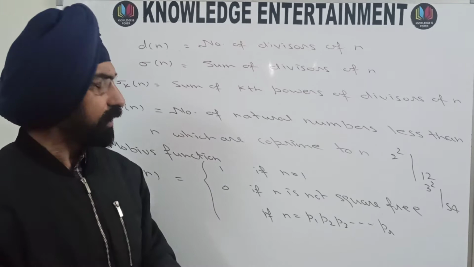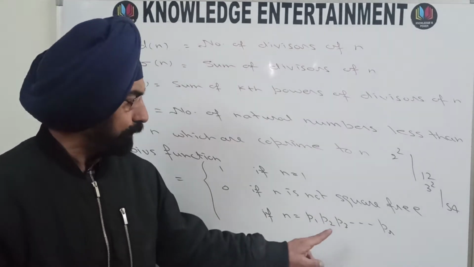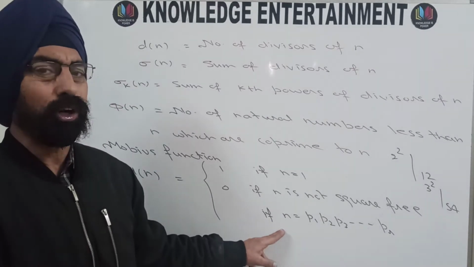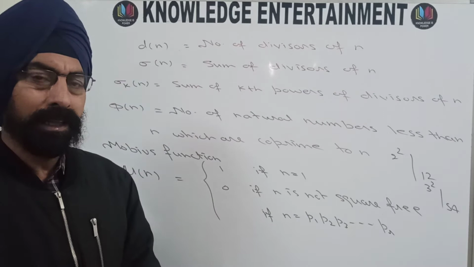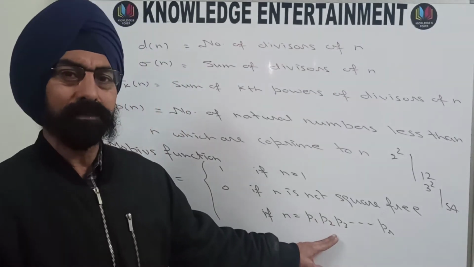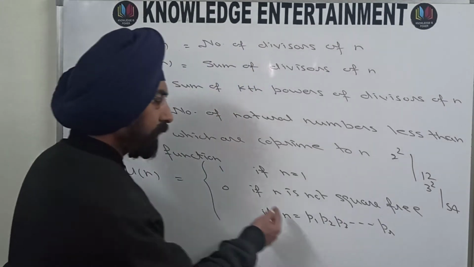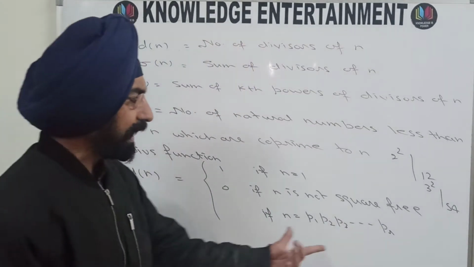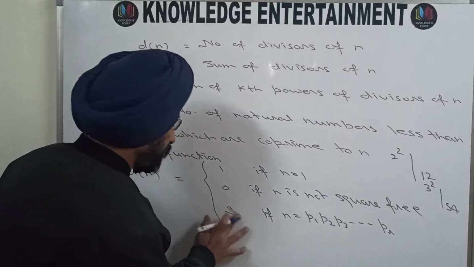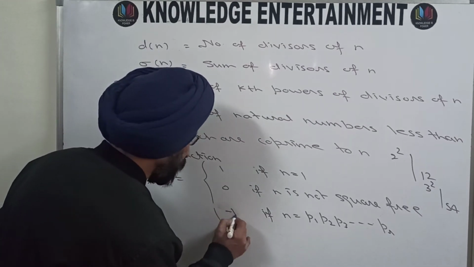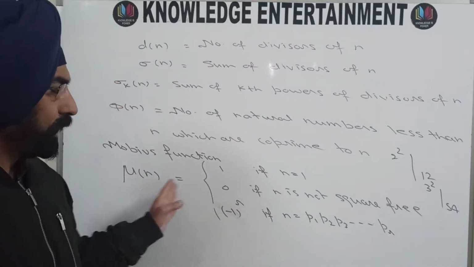Because if any two of these are same, suppose p1 and p2 are same, then p1 squared will divide n and it will not be square free, and this will be the second case and the value will become 0. So this is the case of square free natural numbers, and in this case how many prime numbers are there in the product? These are r. So the value of mu(n) is minus 1 raised to the power r. This is the value of mu(n) in the third case.